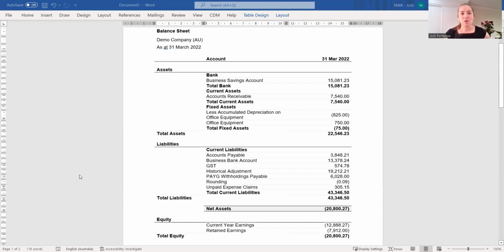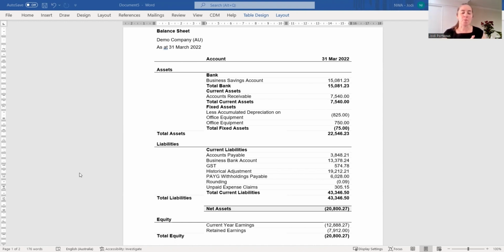Now, the biggest thing with the balance sheet is it's a snapshot in time. So it's only at one particular point in time where these numbers are true. The next day or the day before, the numbers may have changed because there's always changes happening in your business. This particular example of the balance sheet is of the 31st of March 2022.